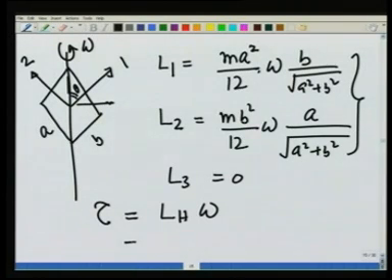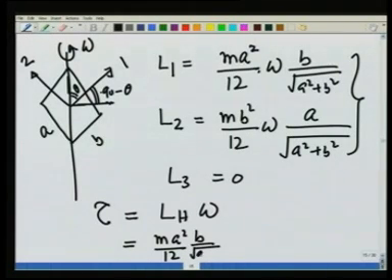So, L horizontal is going to be L1 times cosine of this angle, which is really, this is 90 minus theta, so sine theta. So, m a square over 12 times b over square root of a square plus b square times sine of theta.